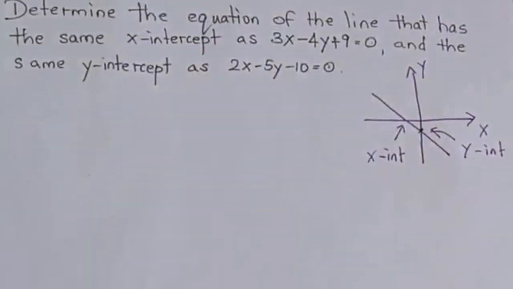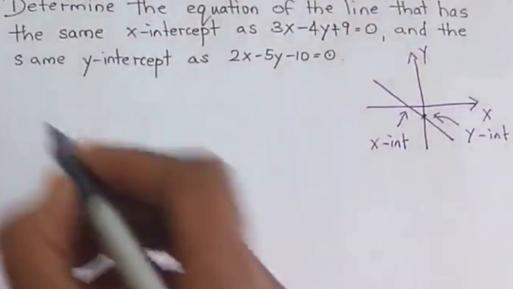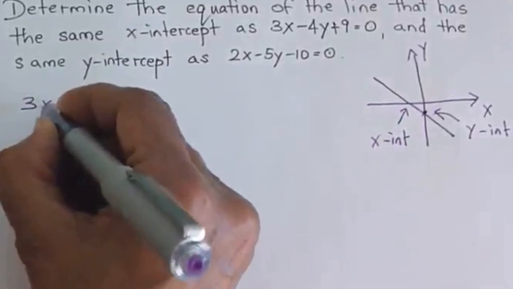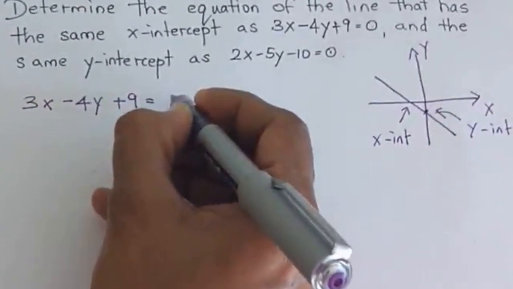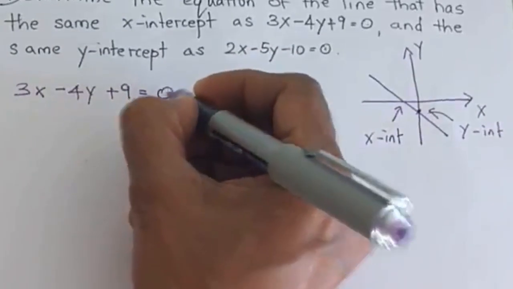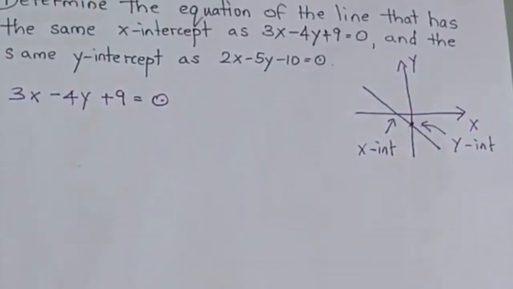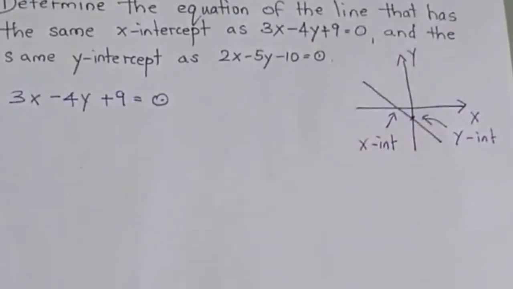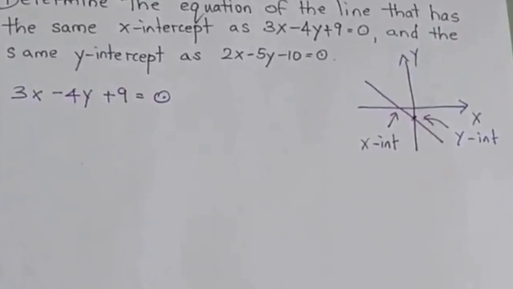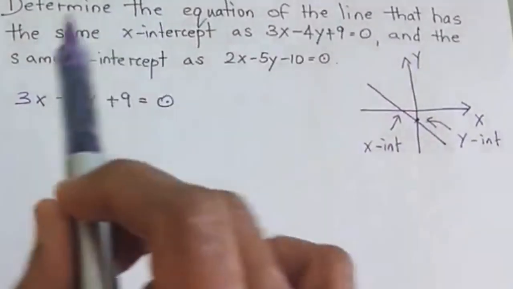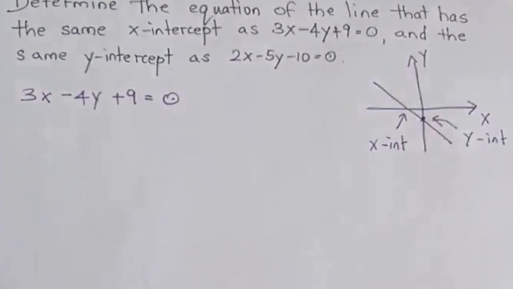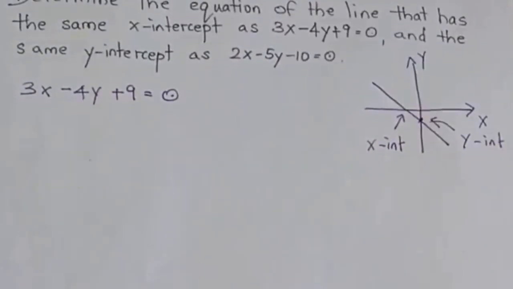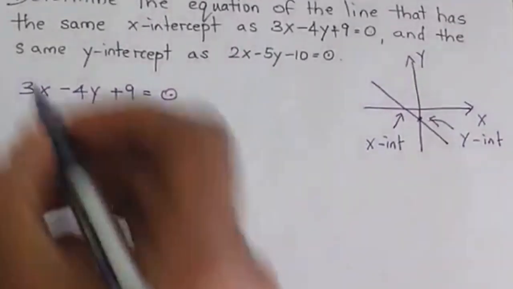So the first equation that's given is 3x minus 4y plus 9. The new linear equation that we have to find has the same x-intercept as this linear equation, so we have to find the x-intercept of this equation. To do that, I'm going to substitute 0 for y, because at the x-intercept y is 0.